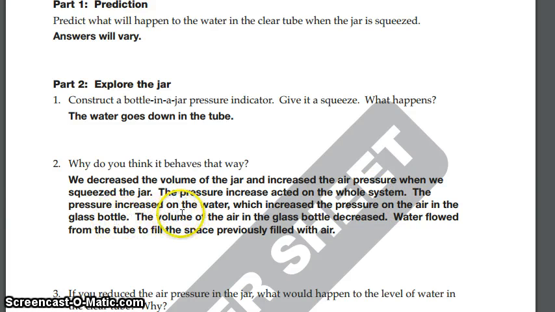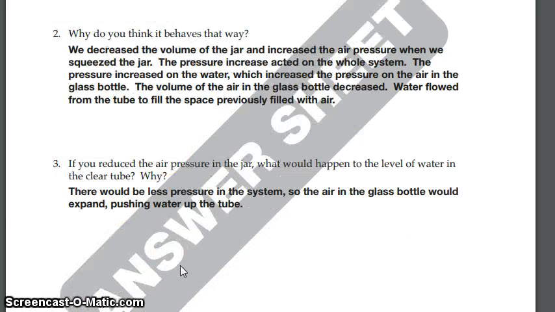The pressure increases on the water, forcing it to go back down the tube. That increased pressure forces the water back into the container. The air inside the glass bottle gets into a smaller volume as well, and an increase in pressure, and it causes the water to fill the space where the air is inside the glass bottle.